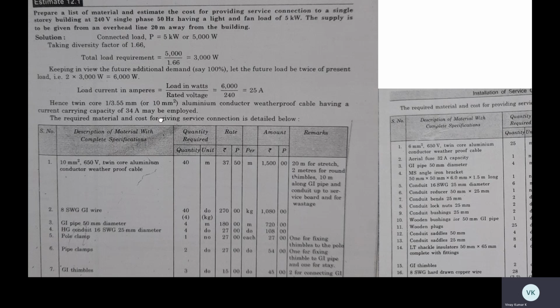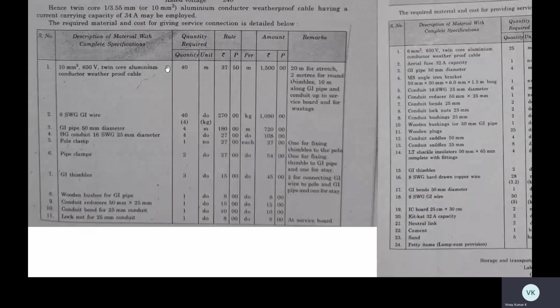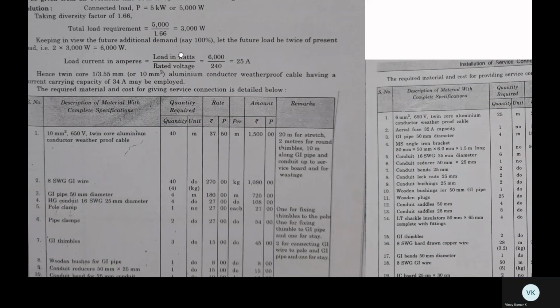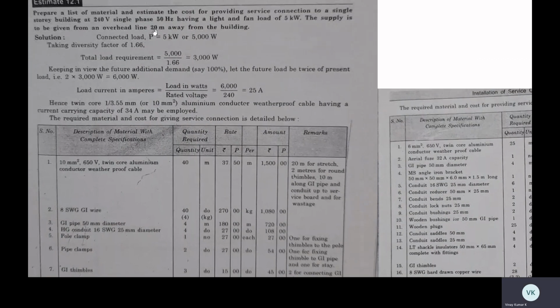Then what are the main materials? As I told in the previous slides, the 10 square mm cable is required. How much distance? He has given 20 meter.